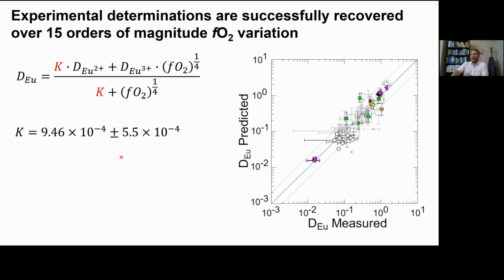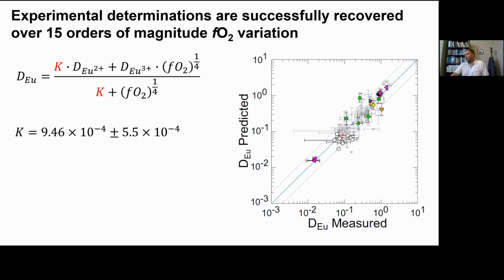All right, so applying this model to the experimental data returns this equilibrium constant, which is similar to values determined for several other systems. On the right here, I plotted on the x-axis the experimentally determined partition coefficients, and on the y-axis are the predictions. The colored symbols are the calibrating data, and the gray symbols in the background are an extrapolation data set.